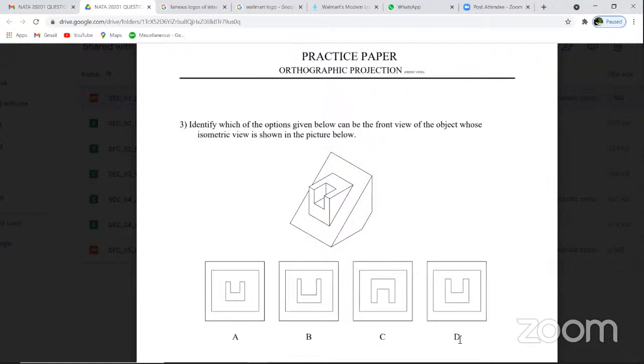So among A and D, you are saying D. D is correct because this occupies quite a large part of the whole cuboid or cube. This is very small comparatively. Also, when you tilt a surface and you see it from the front, the distance becomes a little shorter, smaller.